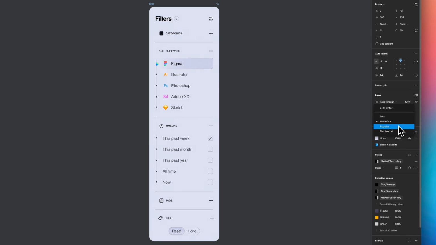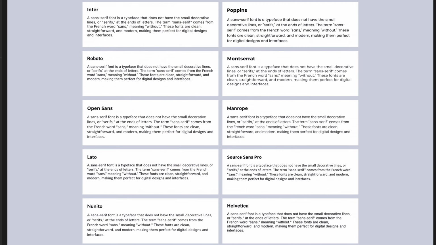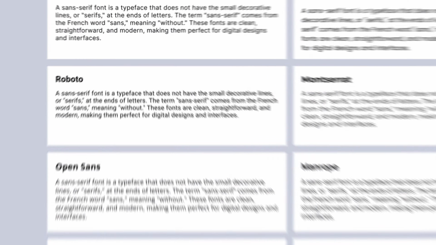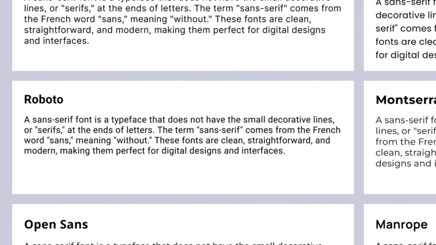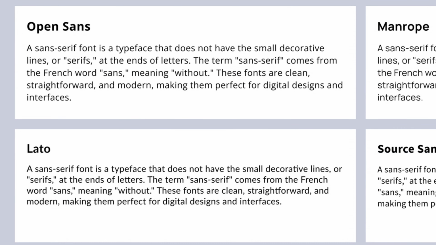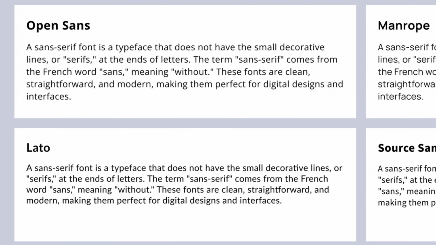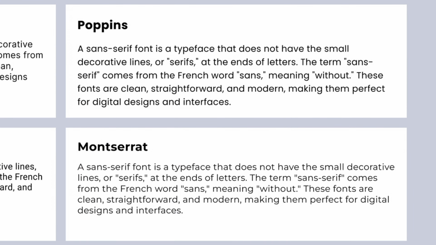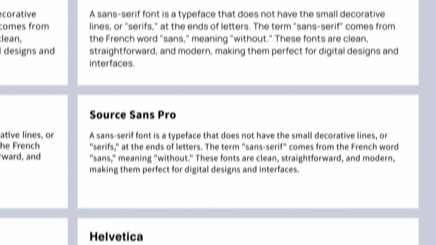For my design, I use Inter, but you don't have to stick to it. There are plenty of great alternatives depending on the platform or style you are designing for. For example, Roboto is a great choice if you're designing for Android. Open Sans and Lato are excellent for a clean, professional look. Poppins and Montserrat work well if you want a more geometric, modern vibe.